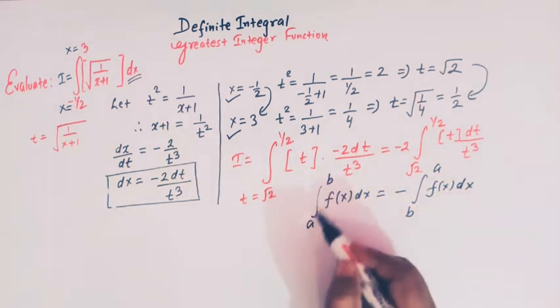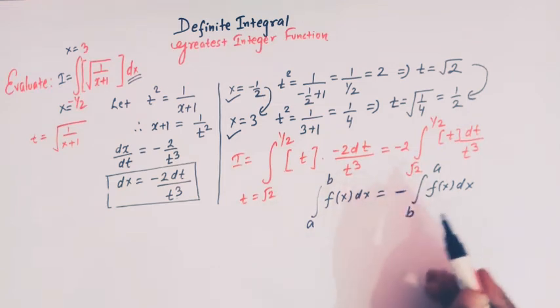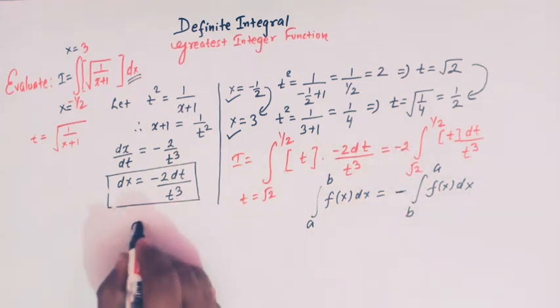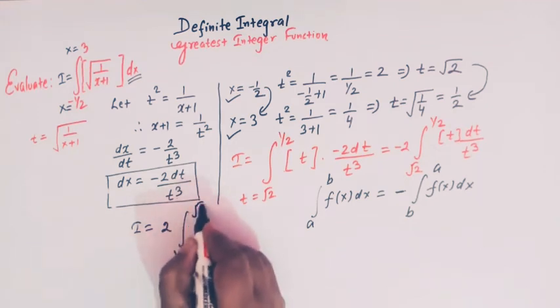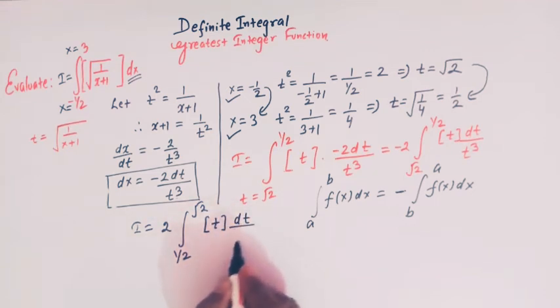When we interchange the limits, we have a negative sign. So we can neutralize this sign, and we have I is equal to 2 times the integral from half to square root of 2 of greatest integer t dt over t cube. Now we have to evaluate this integral.